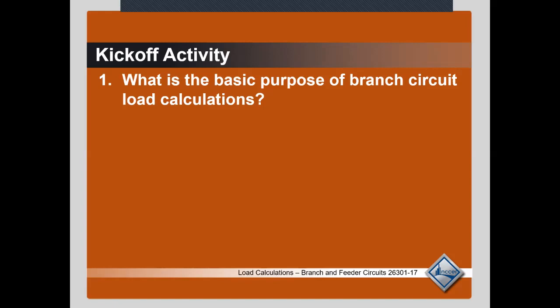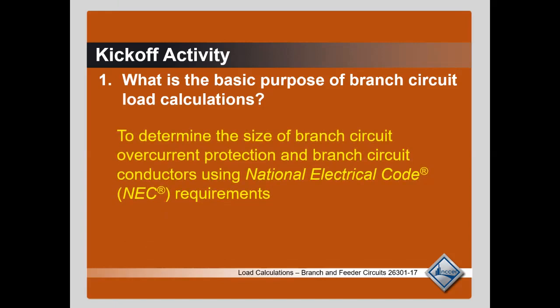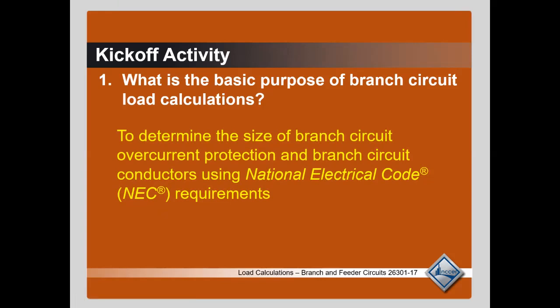All right. So it's to determine the size of the circuit, overcurrent protection, and branch circuit conductors used by the NEC. Now, you remember, this is memory. If I wanted to determine what size conductors is feeding a certain branch circuit based off of demand, where would I find that in the code book? Table 9?